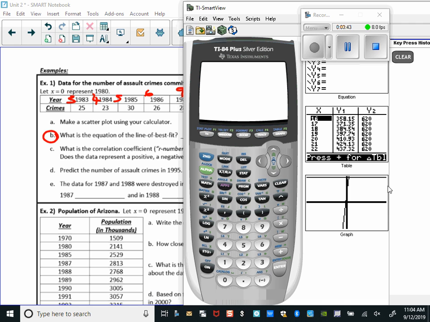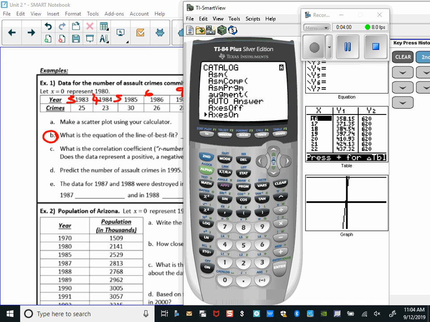To turn on your diagnostics, we are going to hit the blue button in the top left corner, and then 0 for catalog. You are going to scroll down until you see the word diagnostics. Second and then 0, you can see catalog. Diagnostic on? Correct.